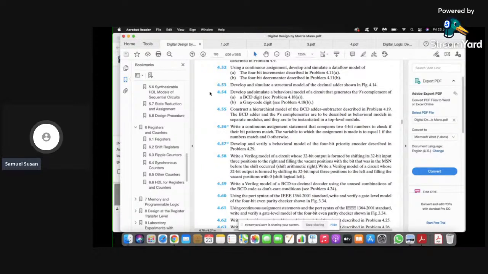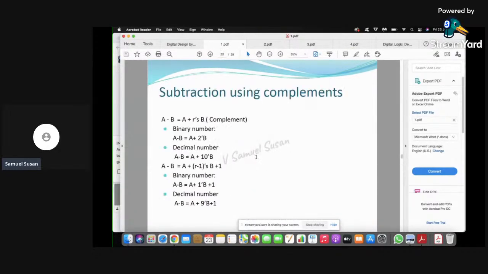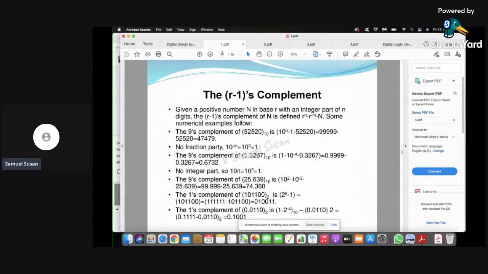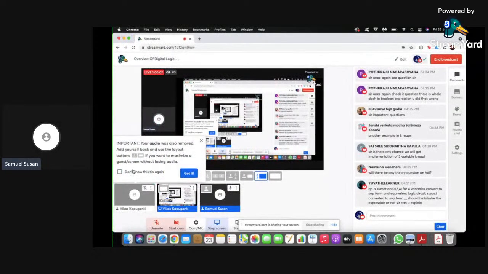Go with the PDF of the individual chapter, that is chapter 4.